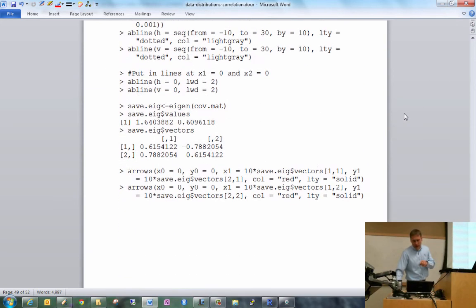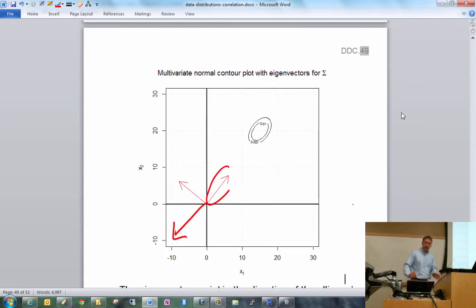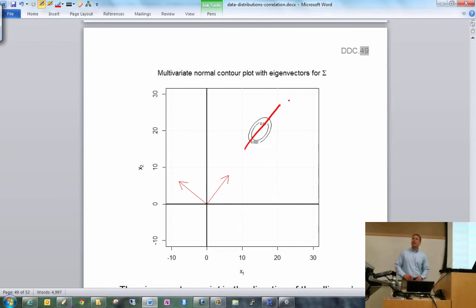Also, there's one other thing I need to point out. Notice how this first eigenvector is pointing in the direction of the largest variability. If you turn your head and think of a new XY coordinate system, let's say we call this C1 and C2, so instead of plotting X1 and X2, we have C1 and C2. If you tilt your head a little bit, you can see that the largest amount of variability is in the C1 direction.